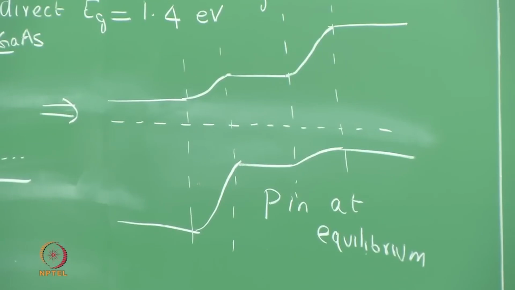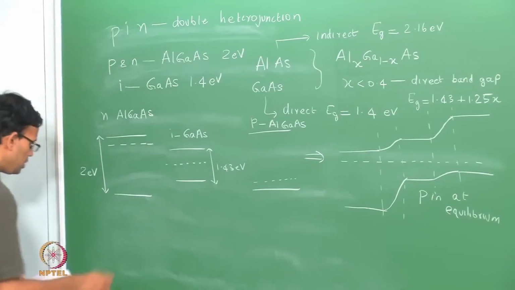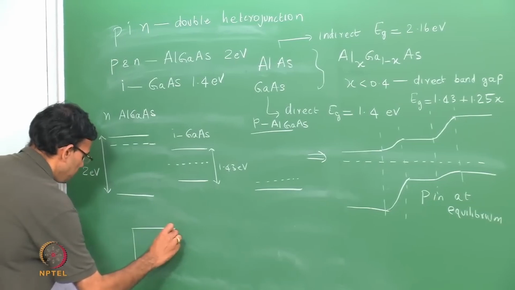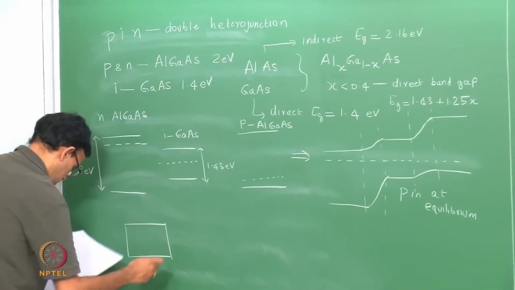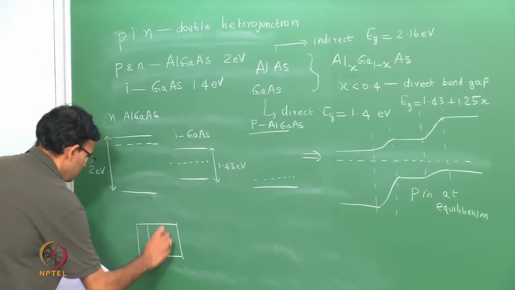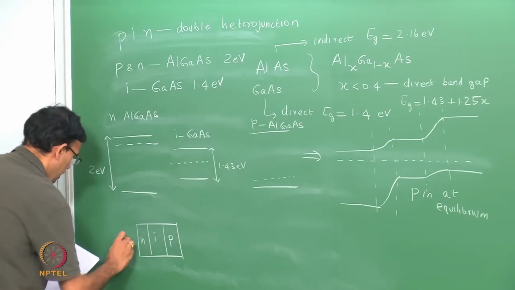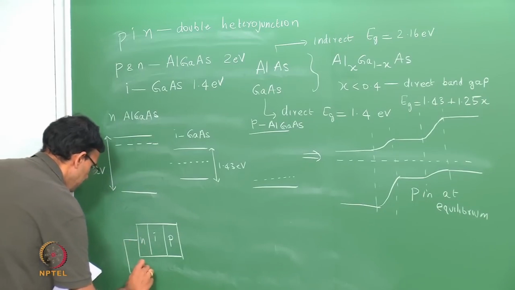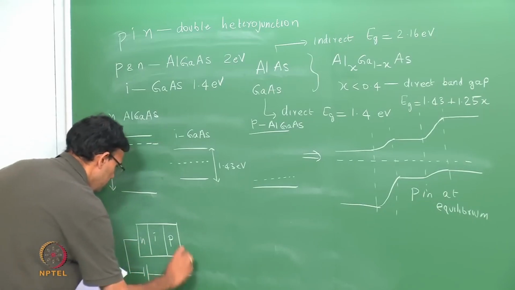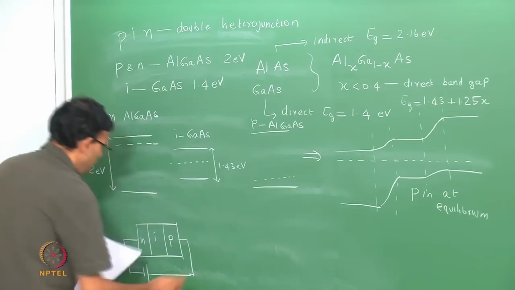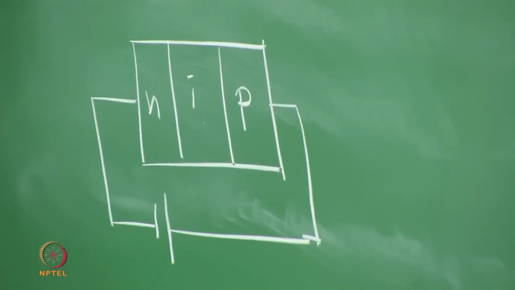We then bias this PIN. So, we bias this in such a way so N is connected to negative and P is connected to positive. So, in both cases we bias this junction in forward bias.